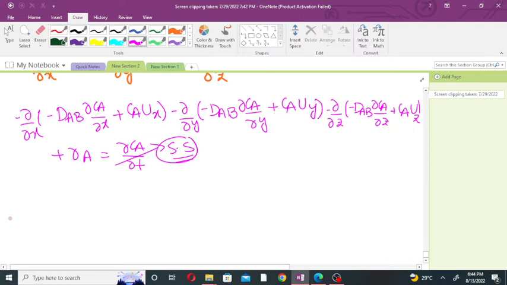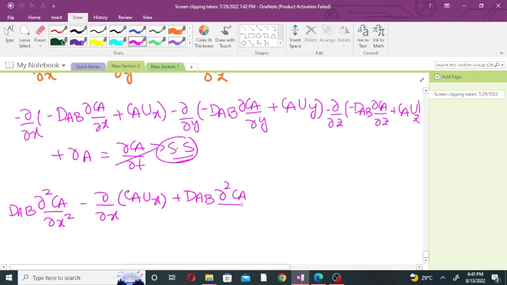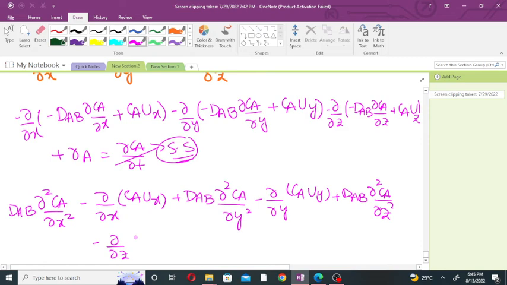Suppose the diffusivity of component A into component B is constant, so it will be DAB d square CA by dx square minus d by dx of CA into ux, plus DAB d square CA by dy square minus d by dy of CA into uy, plus DAB d square CA by dz square minus d by dz of CA into uz, plus RA is equal to change in the concentration with the passage of time. At steady state this can be 0.